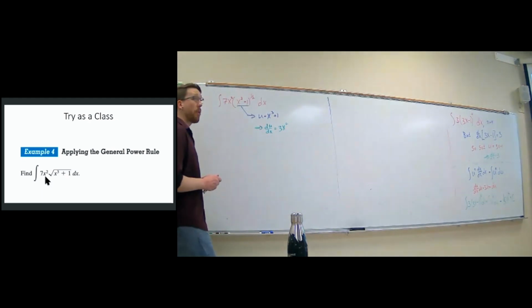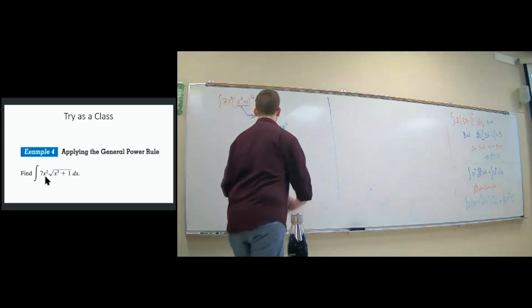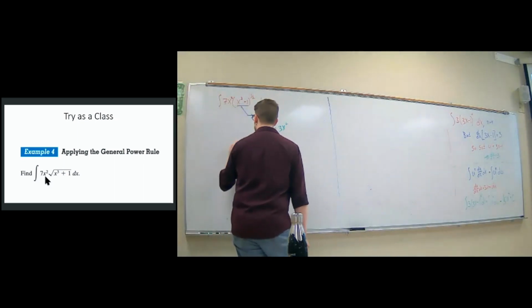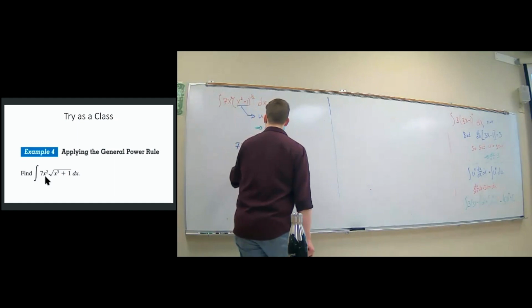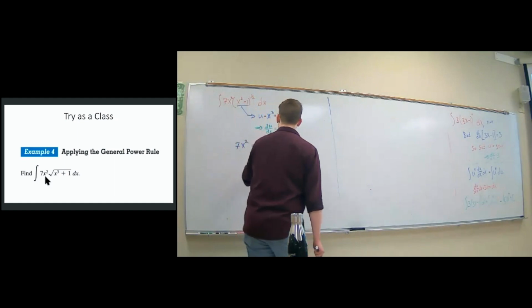I could, however, break that 7x squared up, right? 7x squared is equal to 7 over 3 times 3x squared, isn't it?